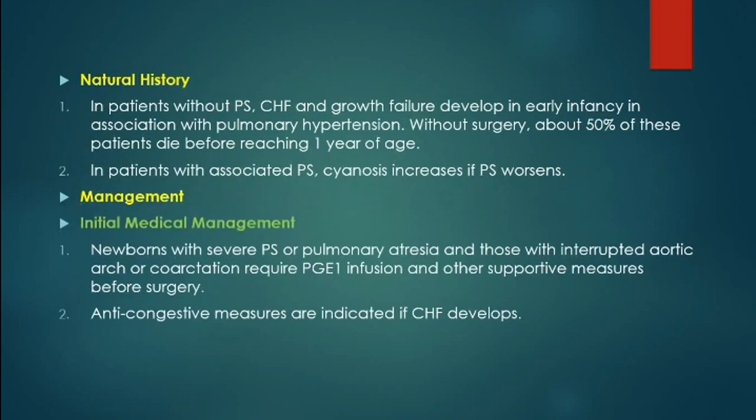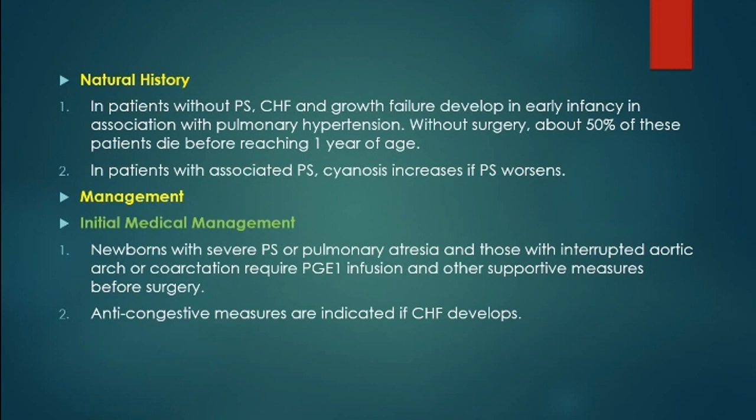So the natural history of these patients, if left untreated: in patients without pulmonary stenosis, there is congestive heart failure and growth retardation, and 50% of these cases will die before the age of 1 year. If there is pulmonary stenosis, cyanosis will increase with time with worsening of PS.